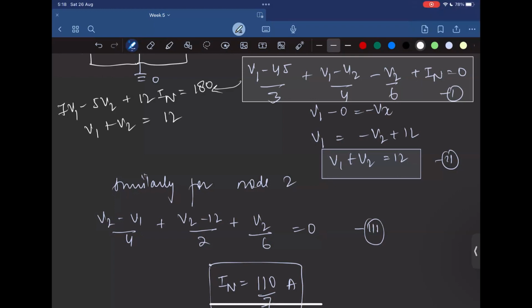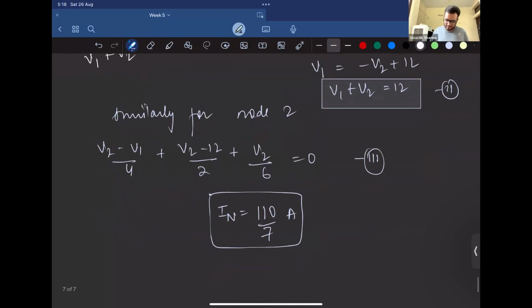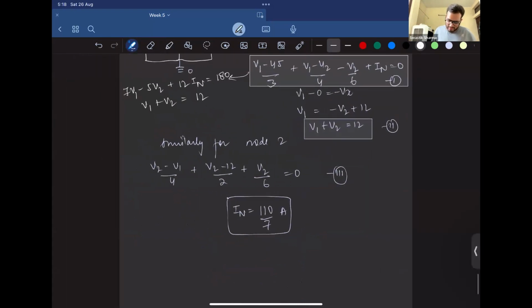So it's coming 110 by 7. Yeah, great. So that's what the answer is. So we got both VTH and IN.